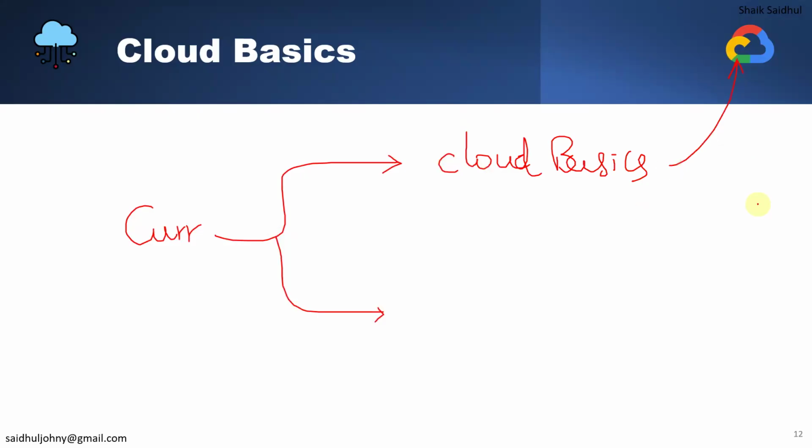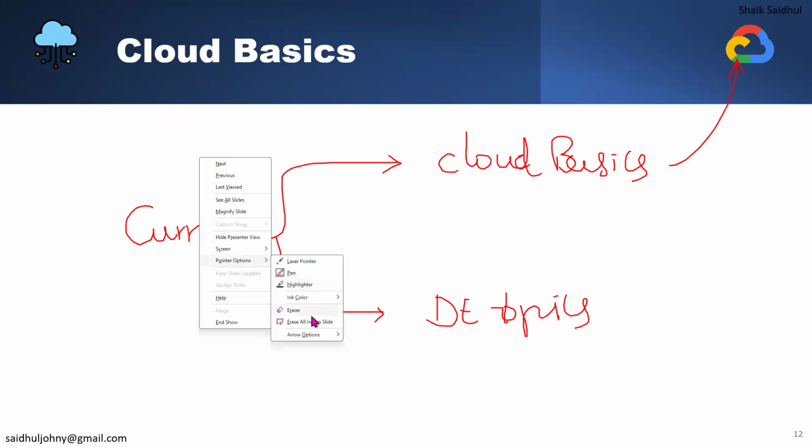We are going to first talk about it, because you need to understand some of the interfaces: GCP interfaces, locations, console walkthrough, how to create a free tier account. That is one topic. And the next thing is data engineering. So our entire course curriculum is divided into two chapters: first, cloud basics, and next, data engineering.